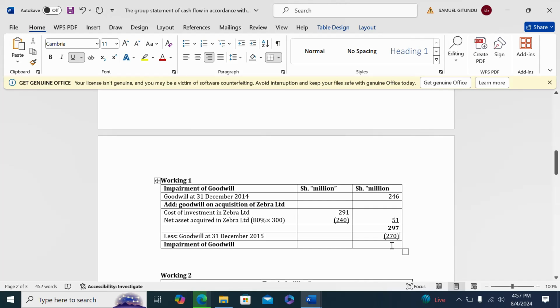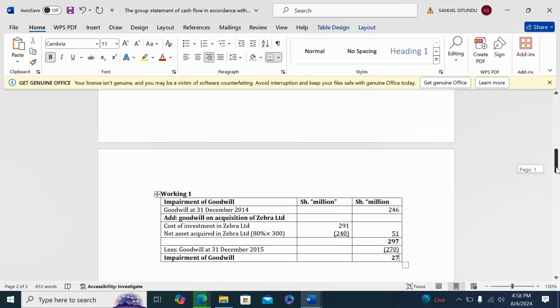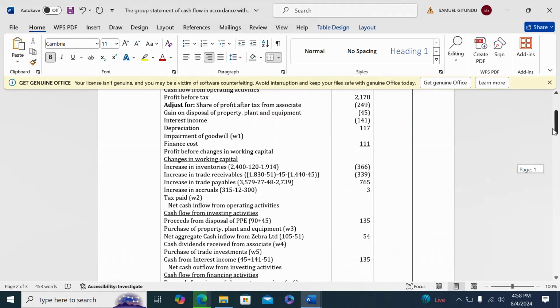So the impairment of goodwill is looking like it is 27 million. We are done with that working. Impairment of goodwill here is 27 million, so we add it back. And at this point, we can get our profit before changes in working capital.